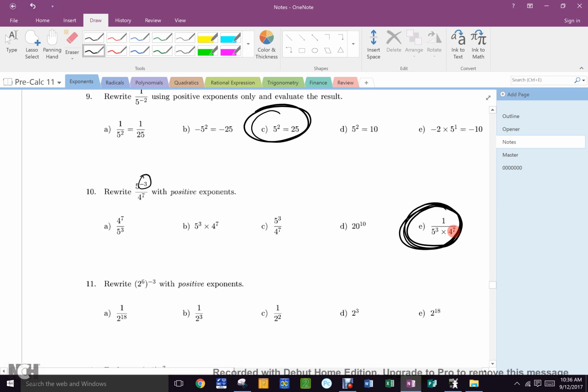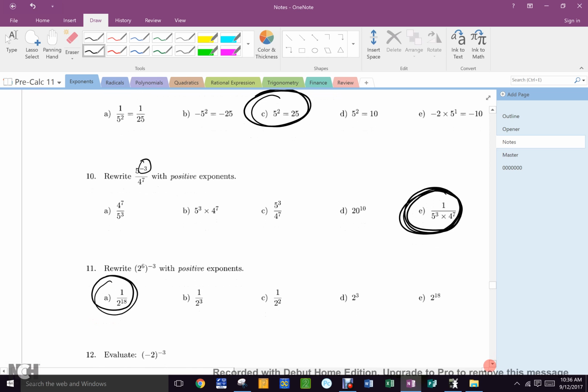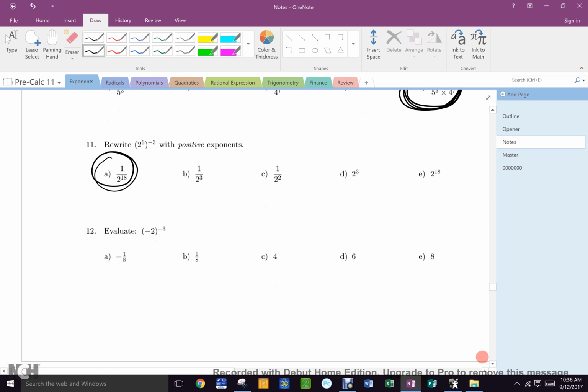Number 11. A. And number 12 to finish the second page of this. A. Is everybody up to 12? Or anybody past 12? Did you finish the third page, or are we on the third page?